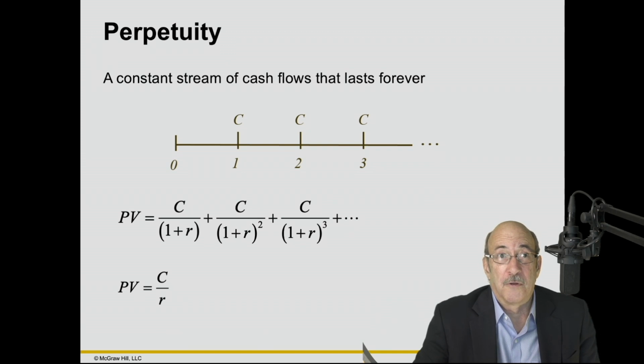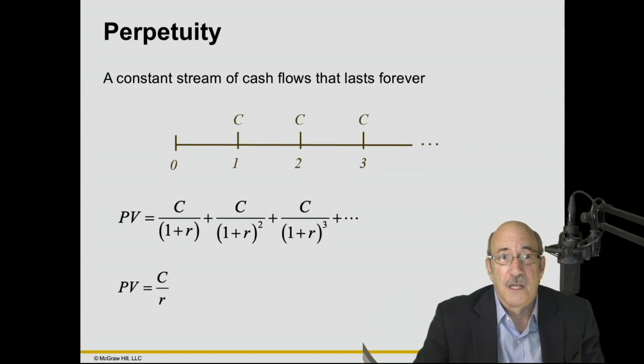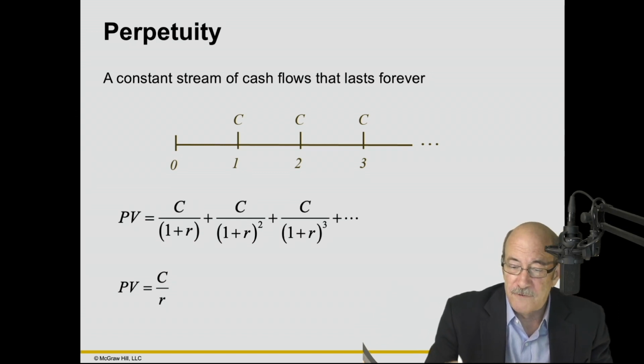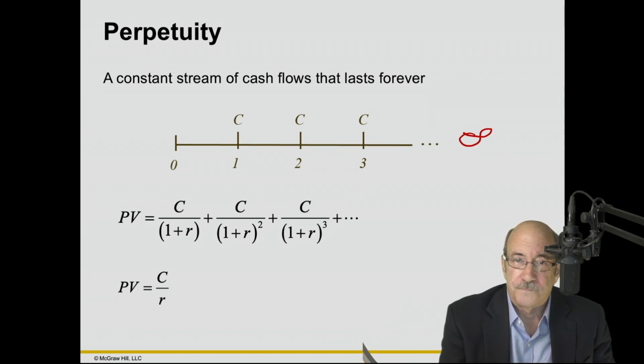So let's start with just a regular old-fashioned perpetuity. Remember that the cash flow goes out to forever, infinity. So we can't even calculate it, in a practical sense.